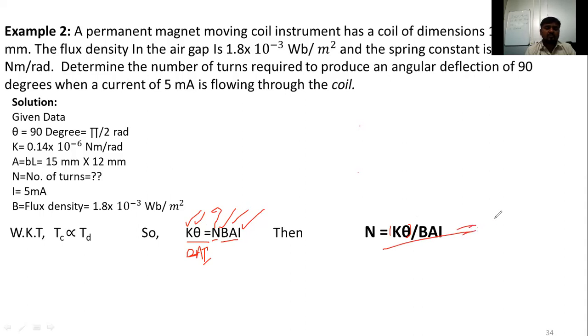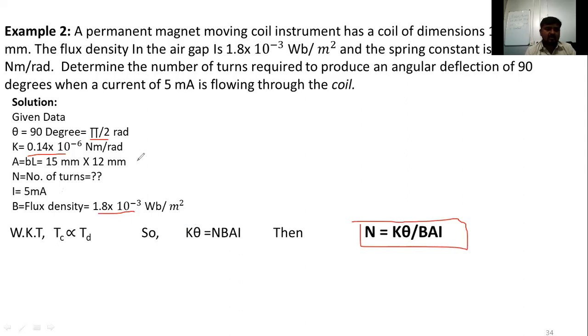Now, any one of you do the calculation and tell the answer. Just substitute. What do you mean by K here? You substitute this value in the place of K. Theta equal to 5 by 2, divided by B. Where is B? This one, 1.8 into 10 to the power of minus 3.